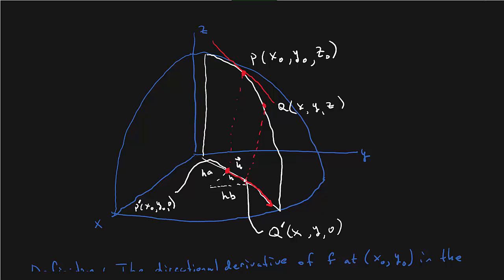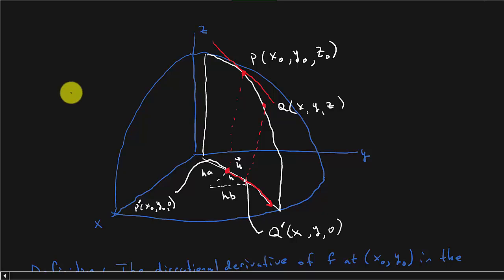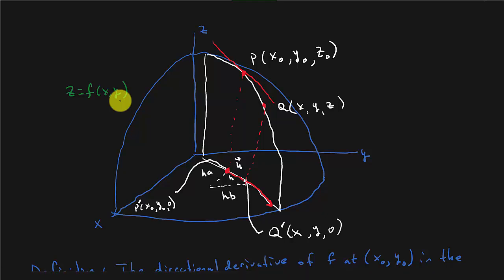What if we wanted to find the rate of change of z at some x naught, y naught in the direction of an arbitrary unit vector? If you see this, we have a surface S that has the equation z equals f of x, y, and we let z naught equal f of x naught, y naught.